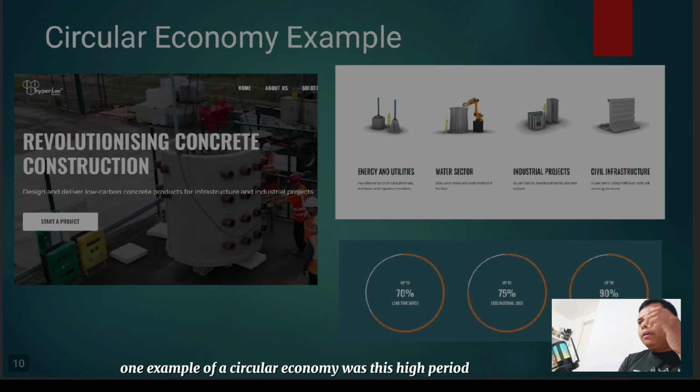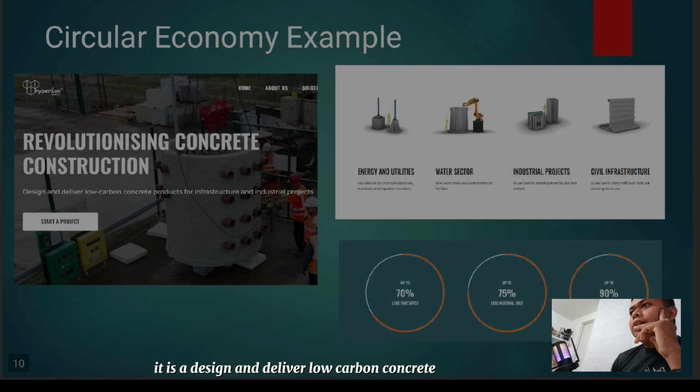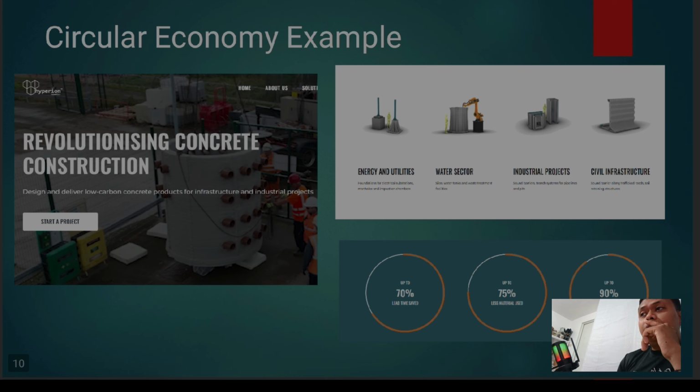So one example of circular economy was this Hyperion. It is a design and deliver low carbon concrete for infra and industrial projects. So they have a version of concrete formulated in a way na mas less ang iyahang productivity time, up to 70%.